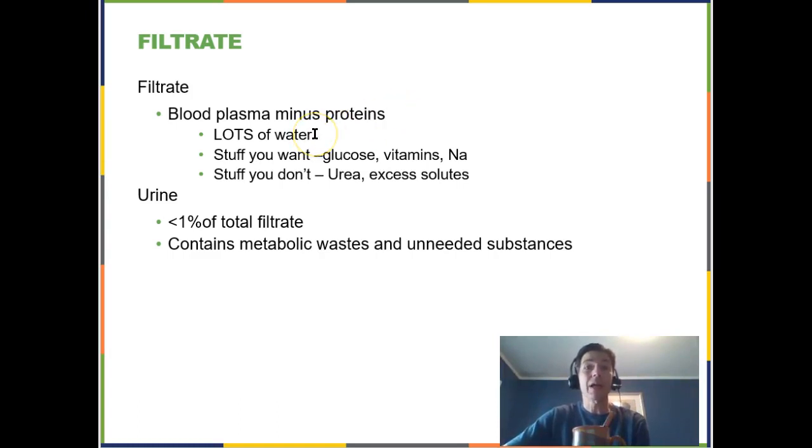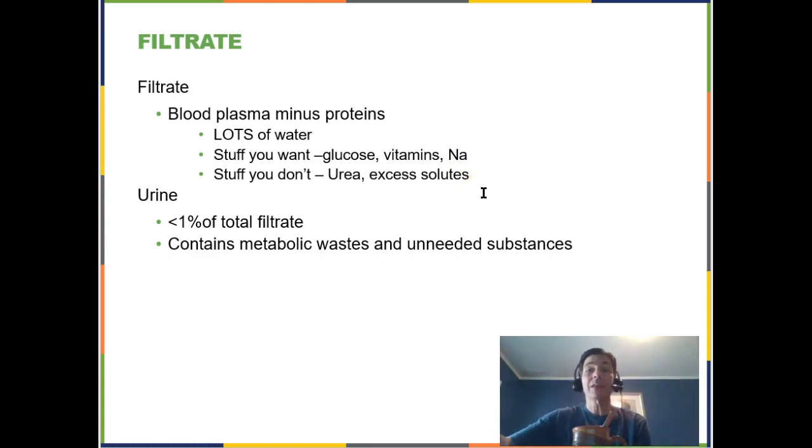That means there's lots of water in the filtrate and lots of stuff that you want: glucose, vitamins, ions, hormones, you name it. If it's in the plasma and it's smaller than a protein, it is in the filtrate. There's also stuff in the filtrate that you don't want, like urea, excess solutes, like more sodium, or excess potassium.